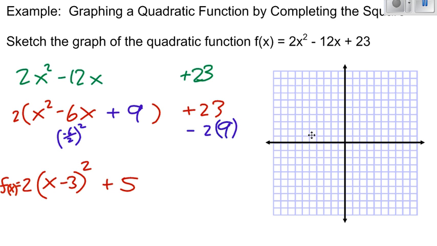So the vertex is going to be right 3 and up 5. And then since a is 2, it's going to be vertically stretched by 2. So it's going to come up here. Like that.